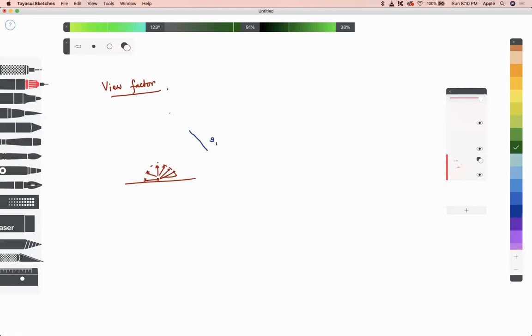Another surface is like this, completely perpendicular, so let's call this surface 2. And another surface is like this. Let's call this surface 3.